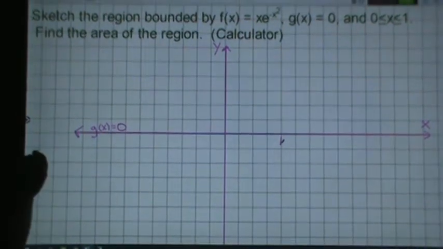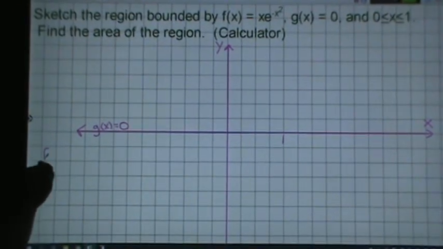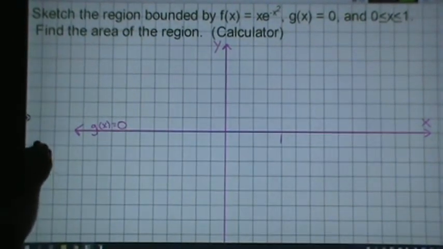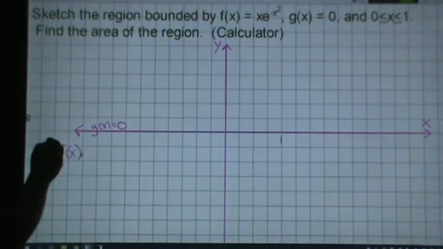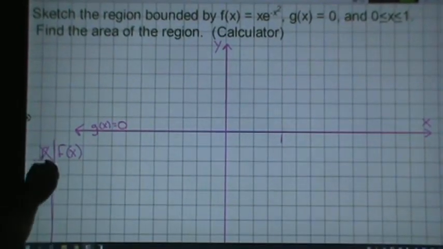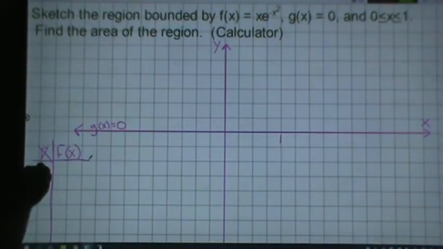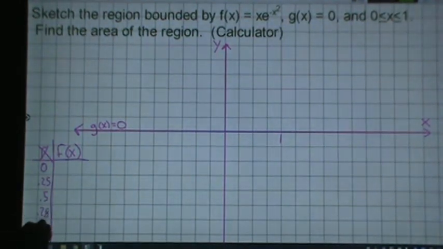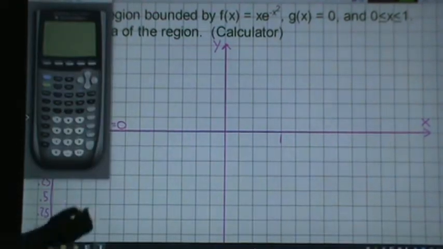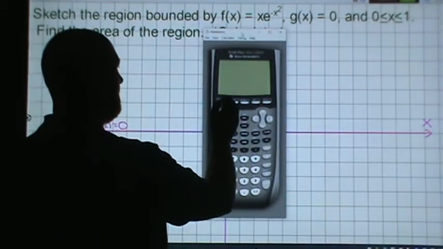So if I wanted to calculate those, I could make a table where I show x and f of x, and because we're between 0 and 1 and going by quarters, we could go with 0, 0.25, 0.5, 0.75, and 1. Told me I could use a calculator, so might as well throw that in.